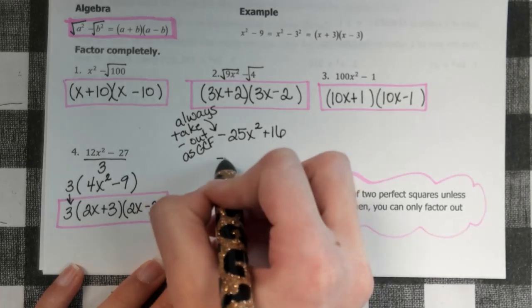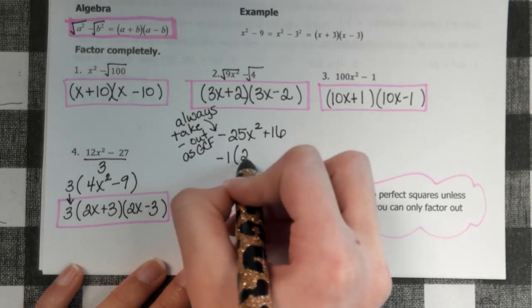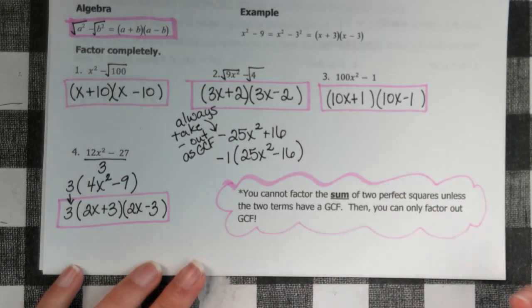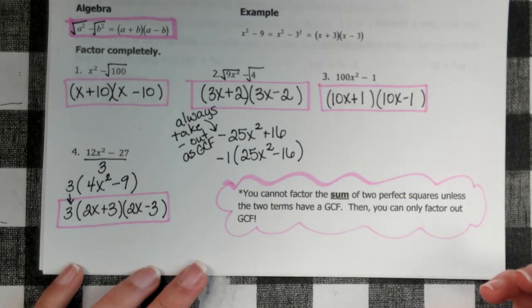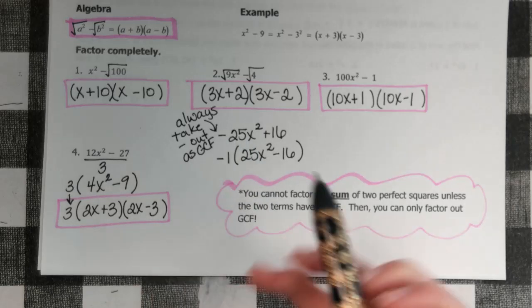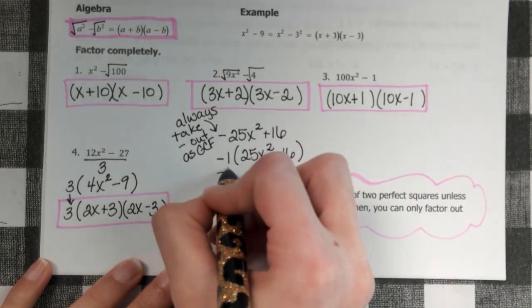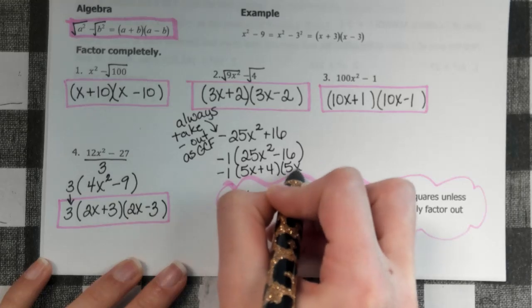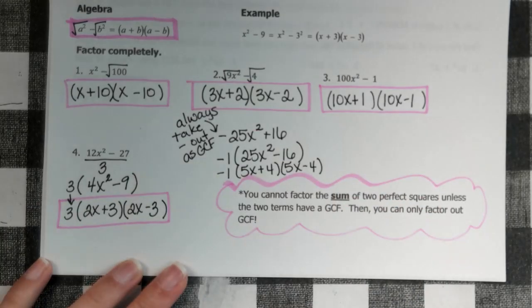So if I took out a negative 1, that would leave me with a positive 25x squared, now a negative 16, that has now created the difference of two squares. So be careful, you can't automatically say it's prime because you see a plus. If you can take out a negative GCF, it creates that. So then that would split into 5x plus 4 and 5x minus 4 with a negative 1 out front.